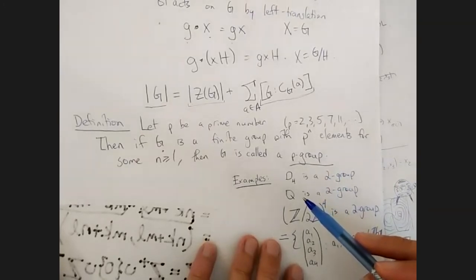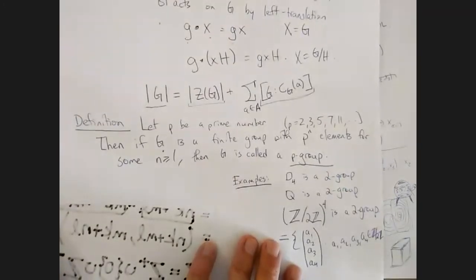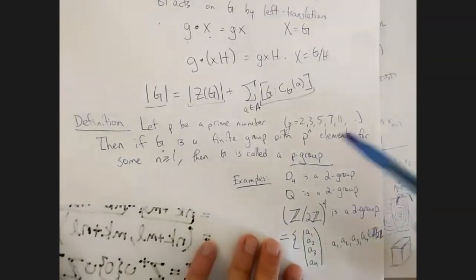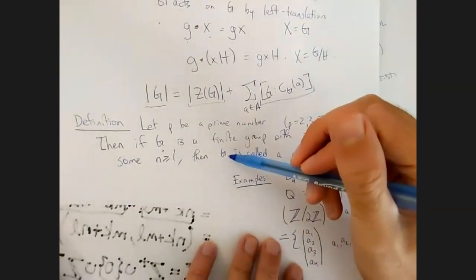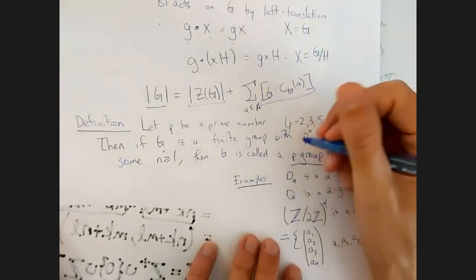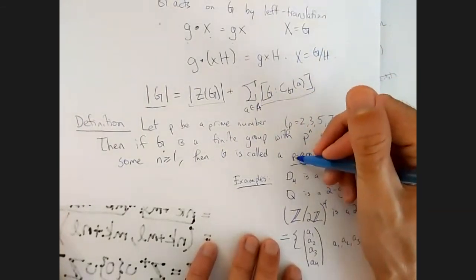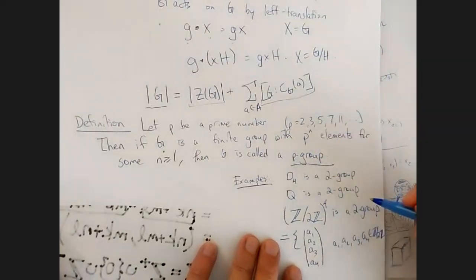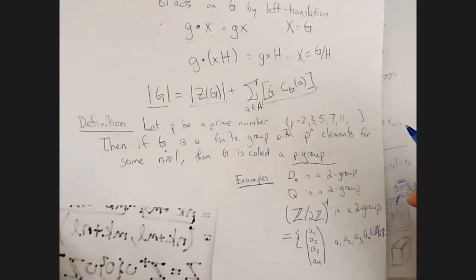But all we assume is that the number of elements of our group is some power of a prime, and then whatever prime it is, we call it a P group. So this is a 2 group. We also have 5 groups or 3 groups and so on.